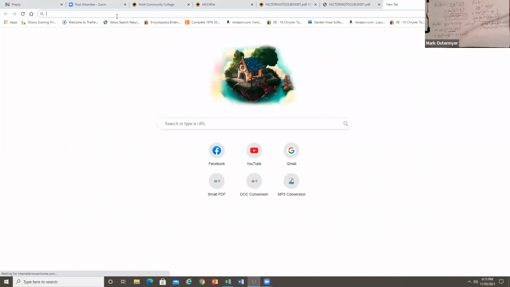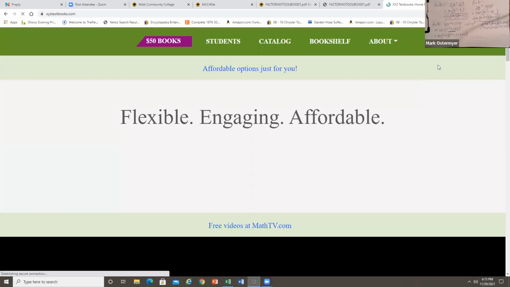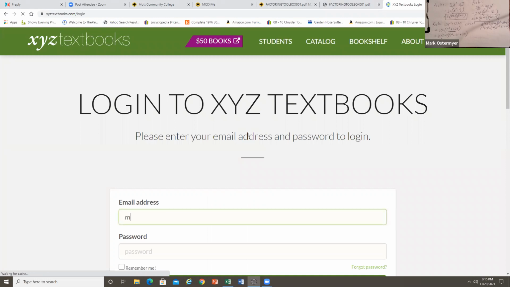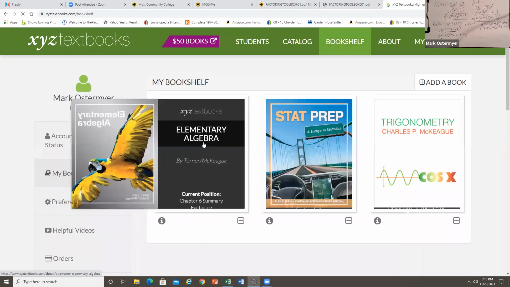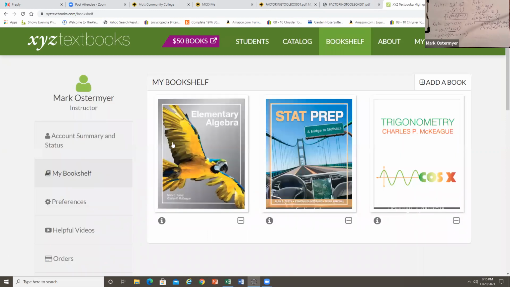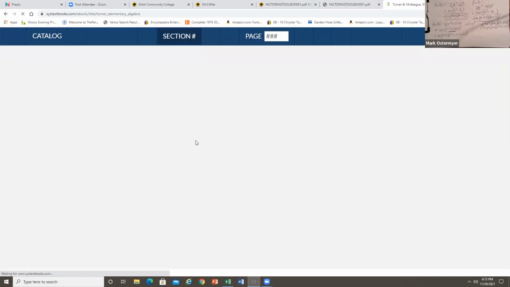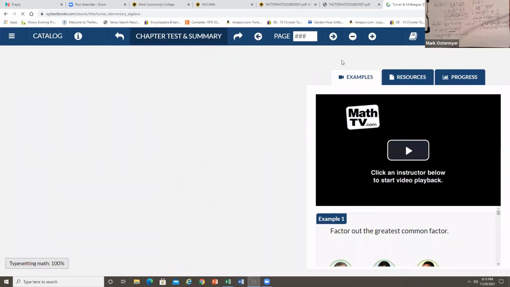Hold on a second. All right, so we're going to bring up our textbook. There it is. And we're going to go to section 6.5.